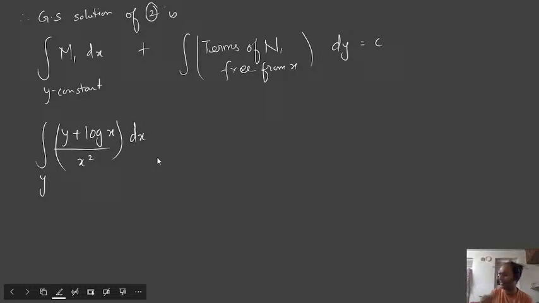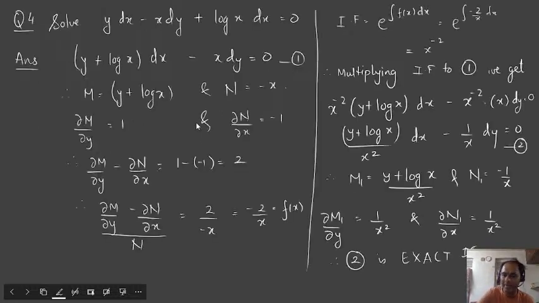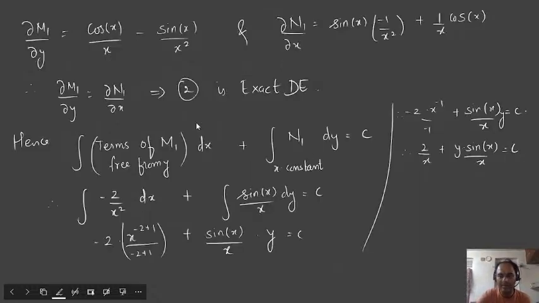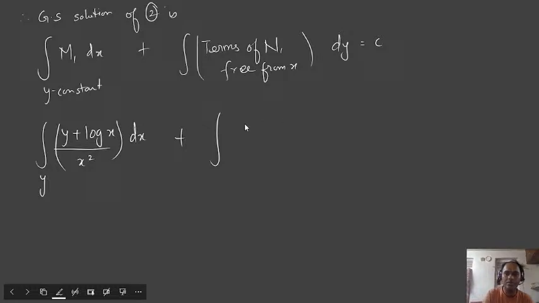You will need substitutions and all that, so why land up in that kind of zone. And if I integrate terms of N1 free from x, N1 is minus x, nothing is free from x. So here I get 0 dy equals c. That is one way out.